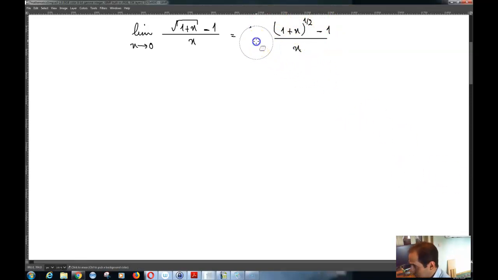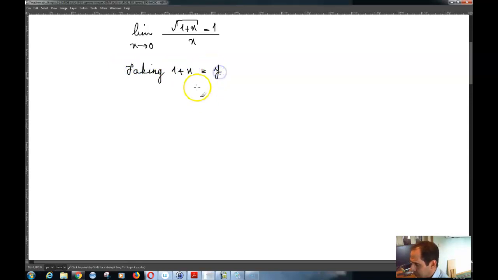So one way that you can solve this problem is to take 1 plus x as y, so 1 plus x equal to y.